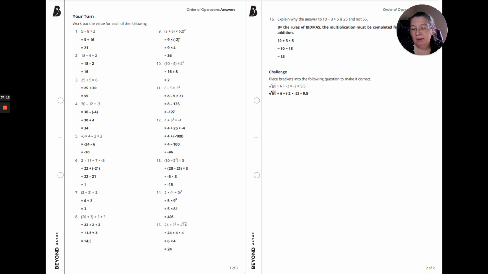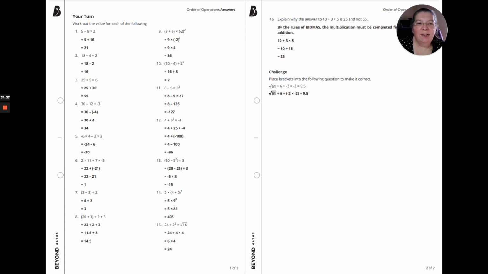So 2 squared, which is 4. Square root of 16, which is 4. Then we can do from left to right because we've got a division and a multiplication. So 24 divided by 4, which is 6, times 4, which is 24.